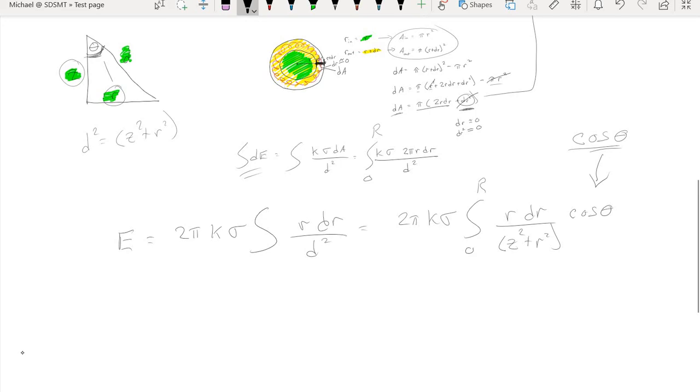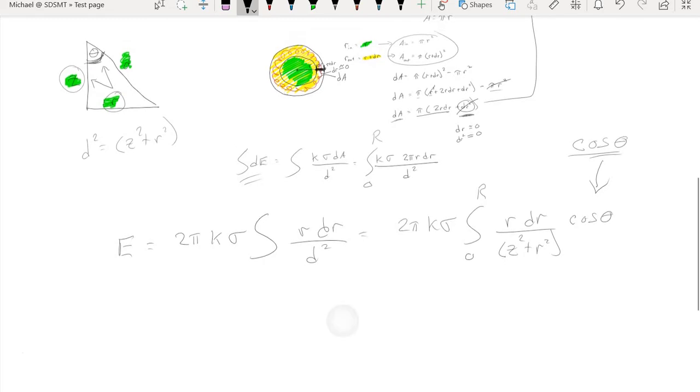Well, in that case, let's see, these three do not actually define cosine theta. Cosine theta is adjacent over hypotenuse. And I don't want d, I want r. But that's okay, because I know what d is.